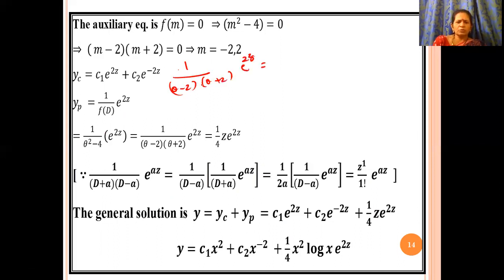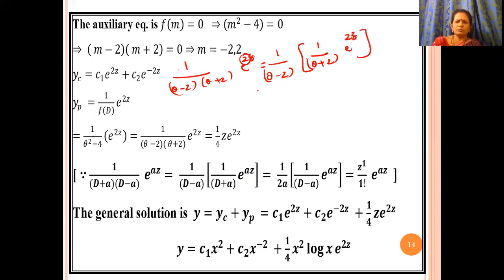If we substitute the value 2 in this, the denominator becomes 0. That's why we should not substitute directly here. First, since it becomes 0, keep that factor outside and write down the remaining: 1 by (theta plus 2) into e power 2z.